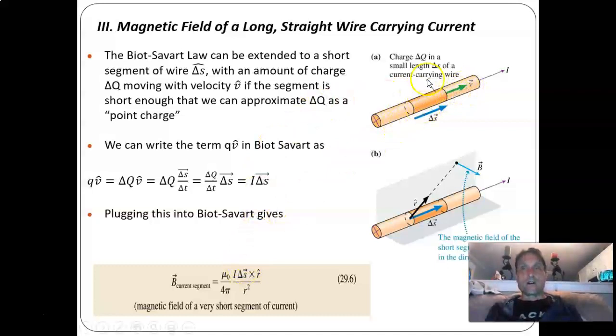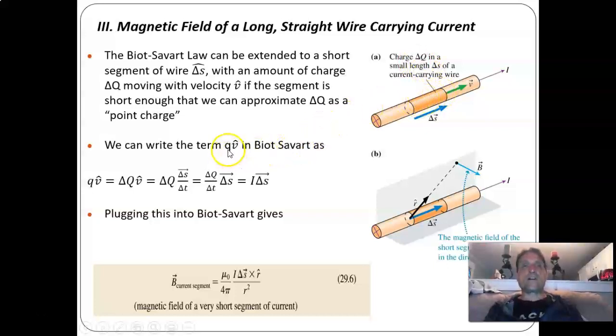Consider first an amount of charge delta Q moving to the right here with velocity V. And suppose this delta Q is contained in a small length delta S of this wire. If this segment is short enough, we can approximate this amount of charge delta Q in the segment as a point charge.